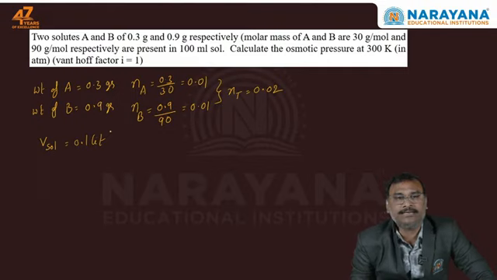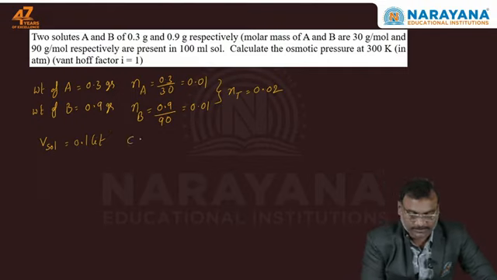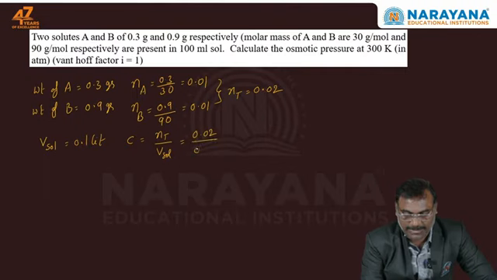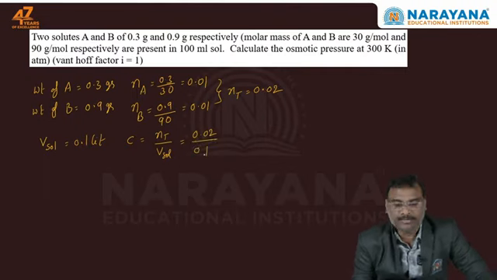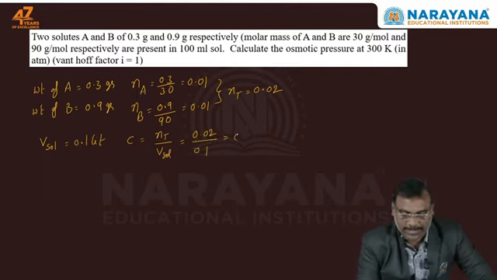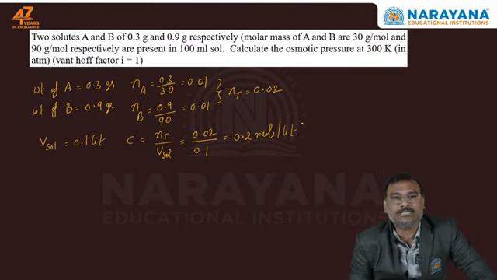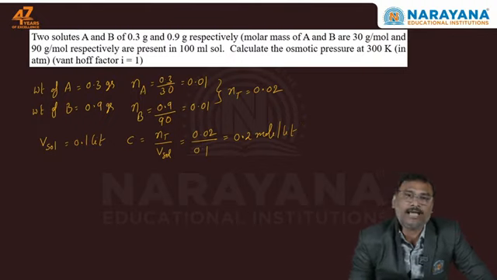Then the concentration of the solution is the number of moles by the volume of the solution, that is 0.02 by 0.1. That means 0.2 moles per liter is the concentration of the solution. Now we have to calculate osmotic pressure.